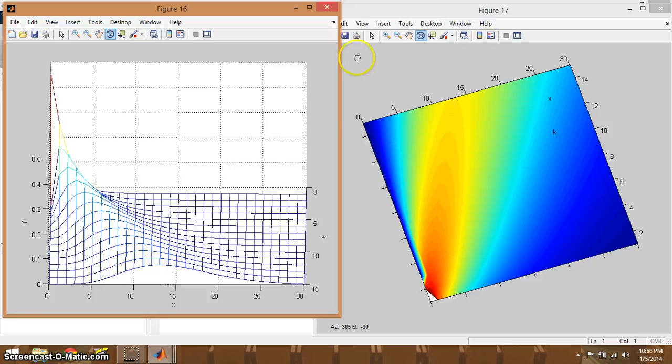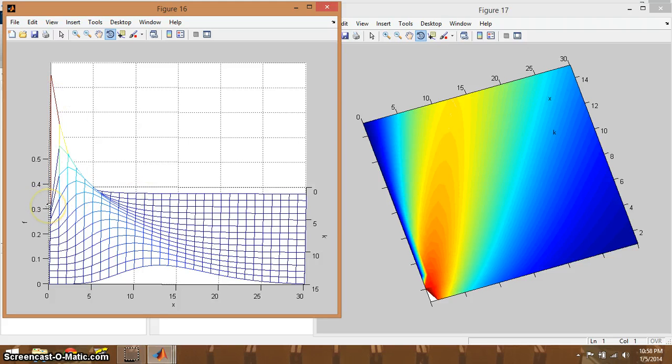So if we look at the left graph, the x-axis, the horizontal axis, shows the x values. The vertical axis shows the PDF values. And going into the screen are the different k values. About where my cursor is, that's at k equals 1, and it starts high and then decreases.